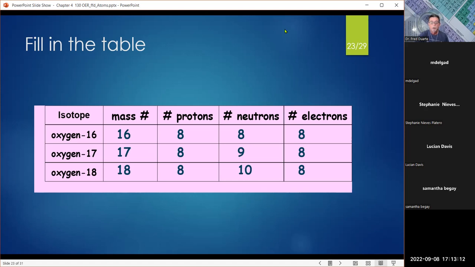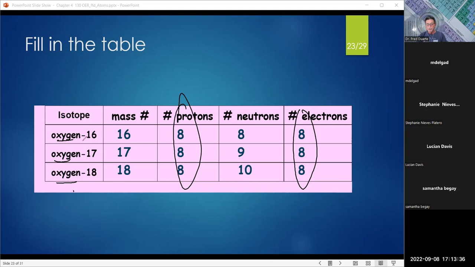Now, all of them are going to have the same number of protons, right? Because protons define what that element is. So all of them are oxygen. So they all have 8 protons and all have 8 electrons. I'm talking about the elements, okay? Where they differ is the mass number, which is given to you.